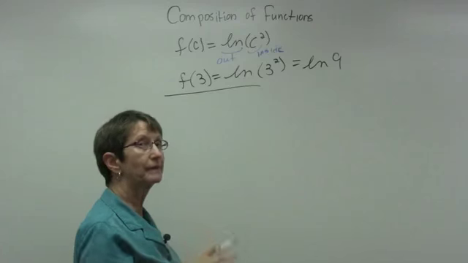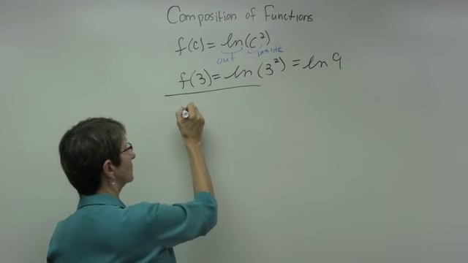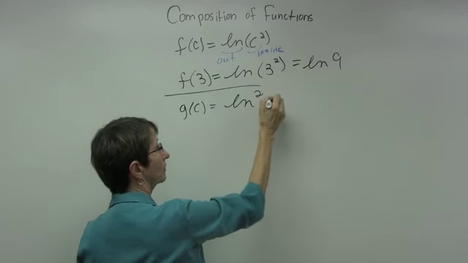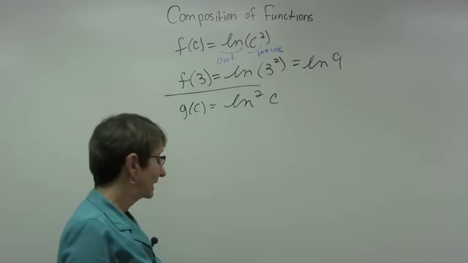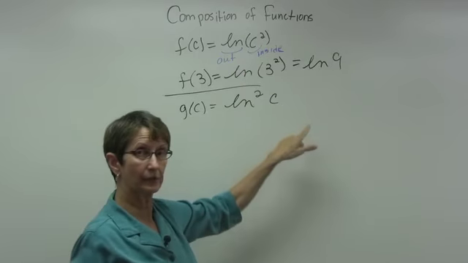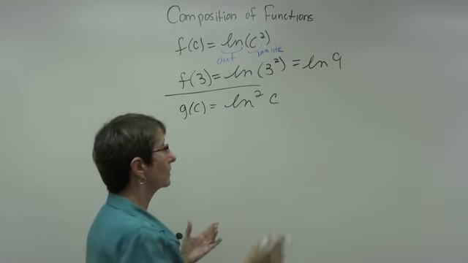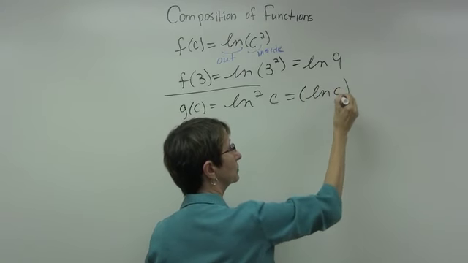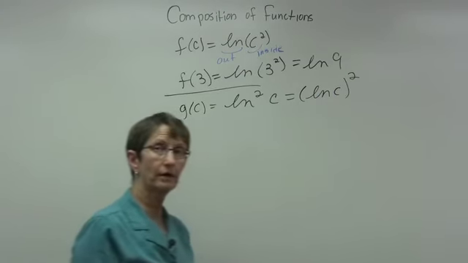Let's look at a similar but very different function. Suppose g of c is equal to ln squared of c. Now this says that the natural log part is squared, not that c is squared. So this really means take the natural log of c first and then square it.